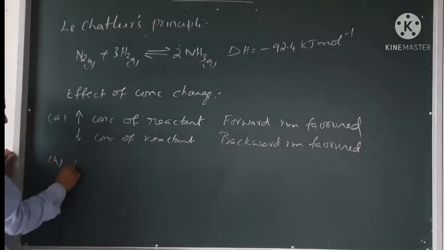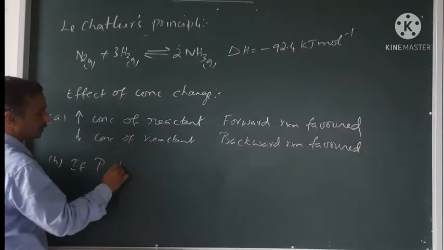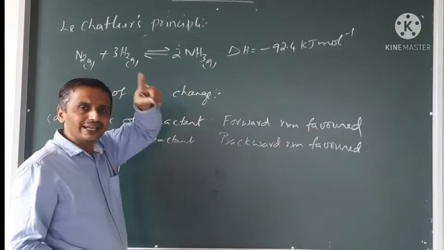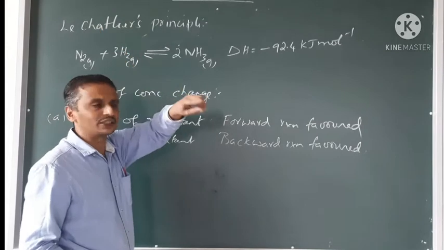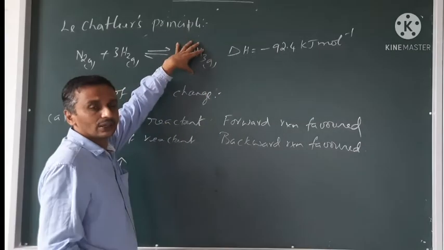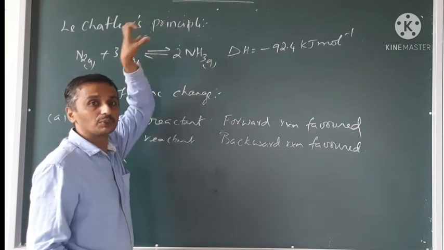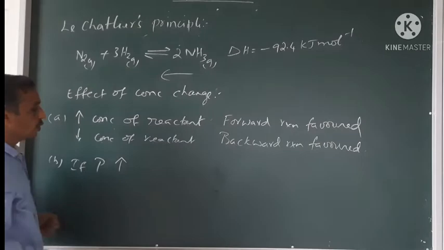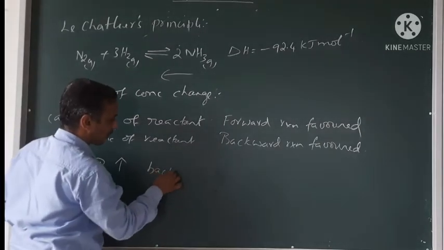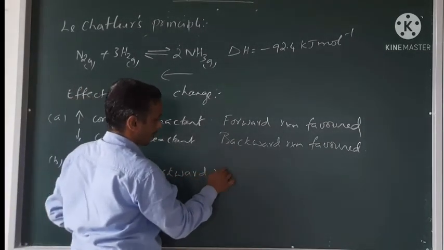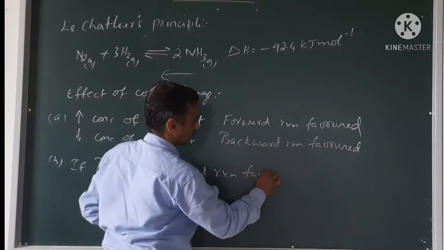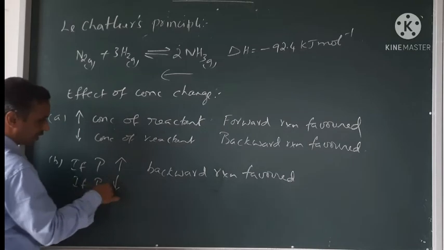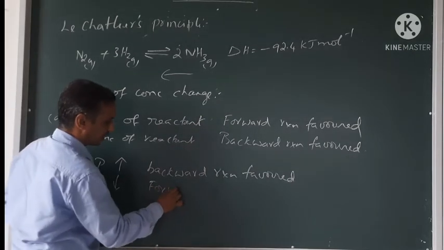Now, if product concentration is increased, to maintain the equilibrium constant as a constant, what should happen there? The added ammonia concentration should be decreased, which will happen if it decomposes. So, backward reaction is favored. Whereas, if product concentration decreases, forward reaction is favored.